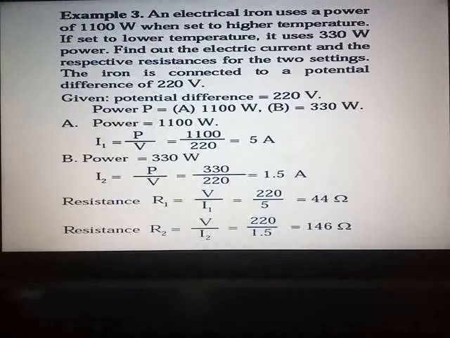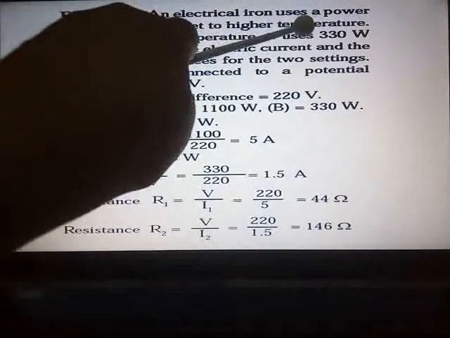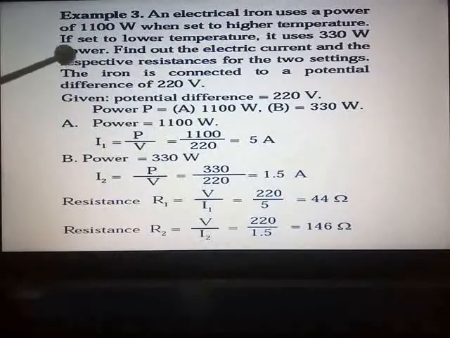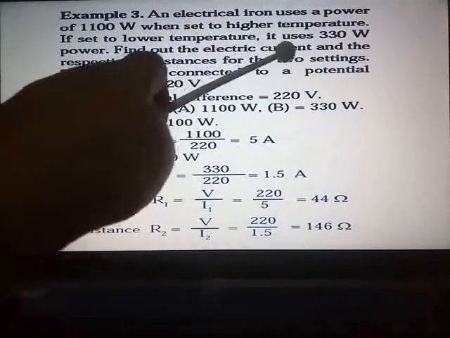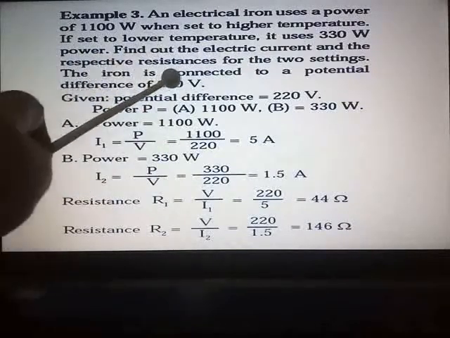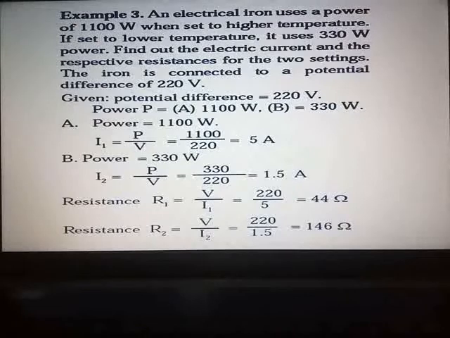The electric iron, which is used for ironing clothes, uses 1100 watts at a higher temperature, but at a lower temperature it uses 330 watts. Find out the electric current and the respective resistances for the two settings. The iron is connected to a potential difference of about 220 volts.